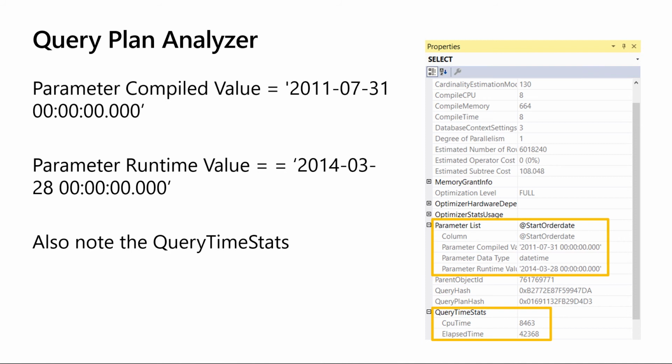Also note the query time stats. I will always be able to keep those in mind for comparison as I tweak this query and move along in my query troubleshooting process, to see if I'm actually getting gains both in CPU time and in the elapsed time of my query.